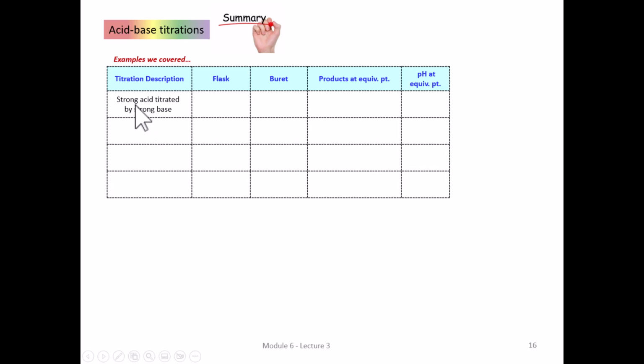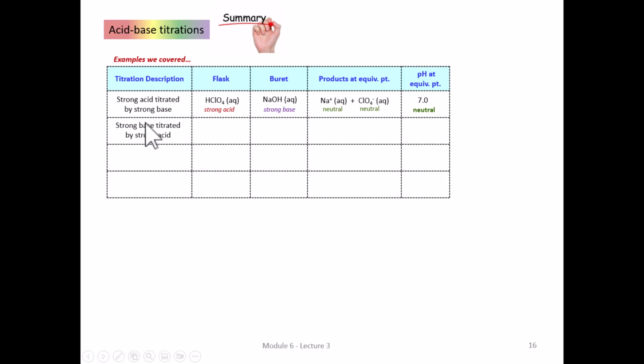So when we titrated a strong acid by a strong base, and remember that means the strong acid is in the flask, strong base in the burette. In the flask, for the example we covered, we had perchloric acid. In the burette, we had sodium hydroxide. The products at the equivalence point, besides water, of course, would be sodium ion and perchlorate ion, which are both neutral, which left us with a pH of 7 at the equivalence point.